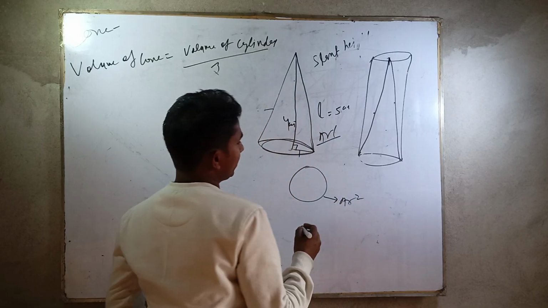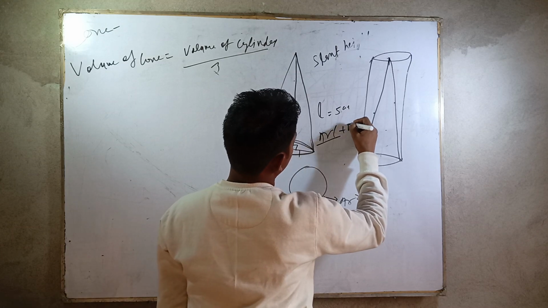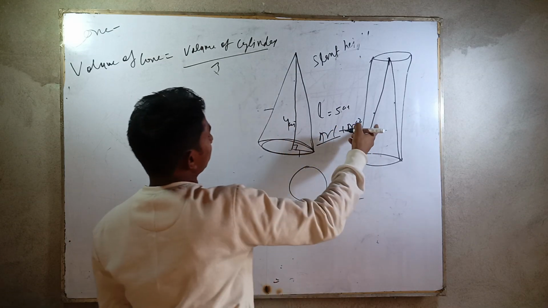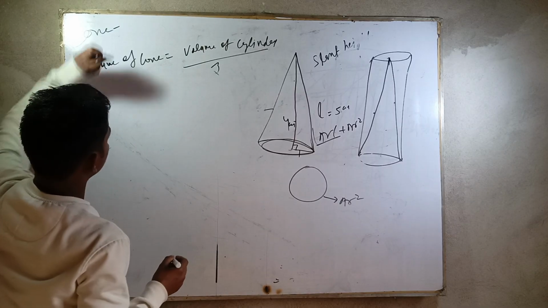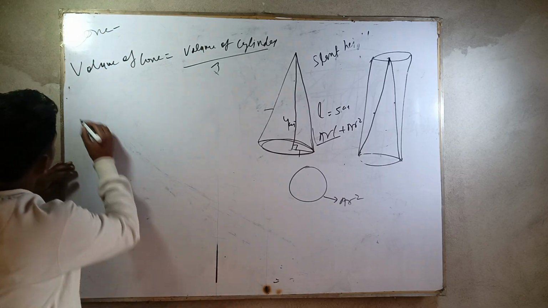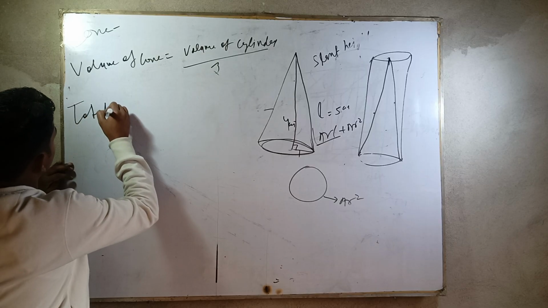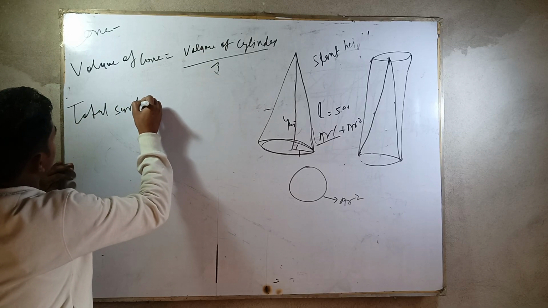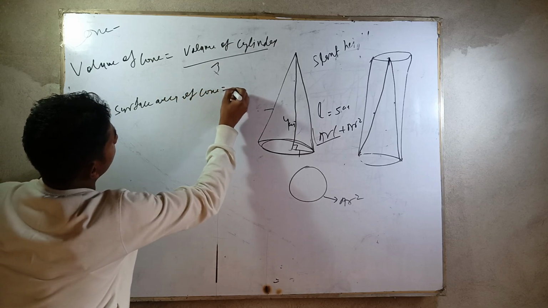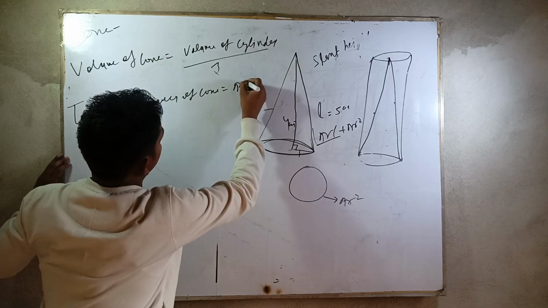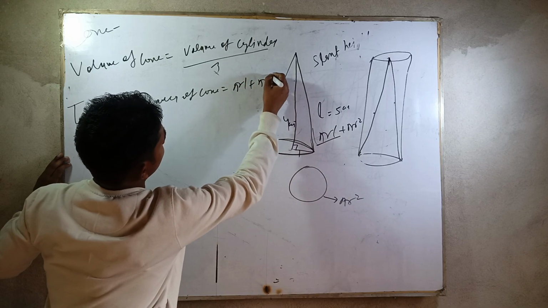If pi r squared is added to the lateral surface area, then it will be the total surface area of the cone. So the total surface area of the cone equals pi r l plus pi r squared.